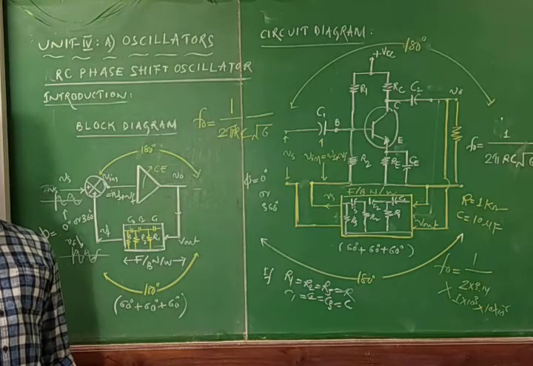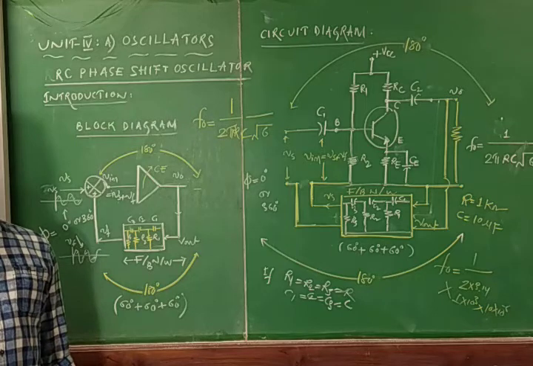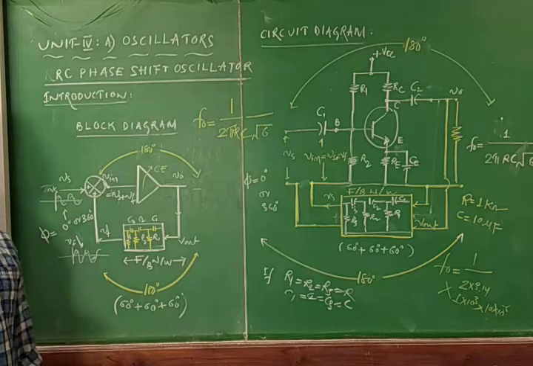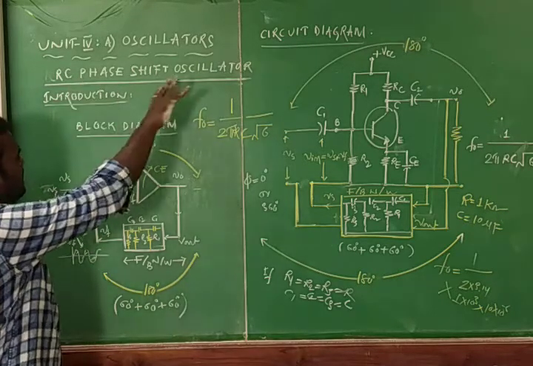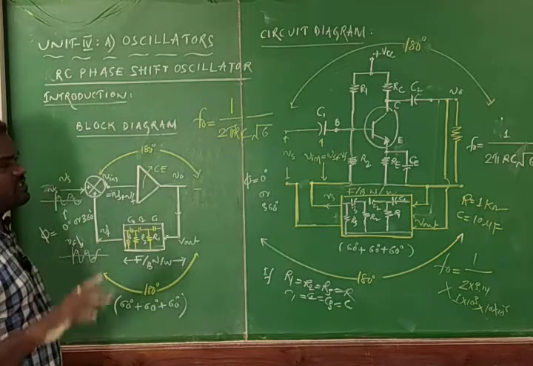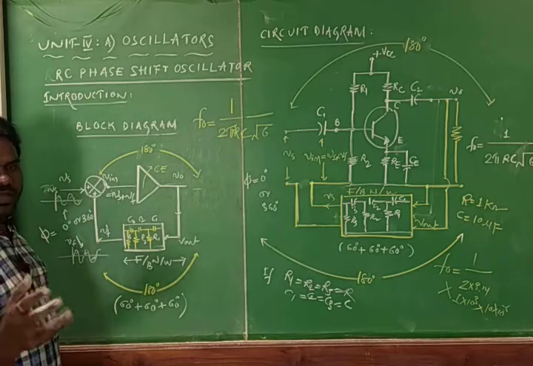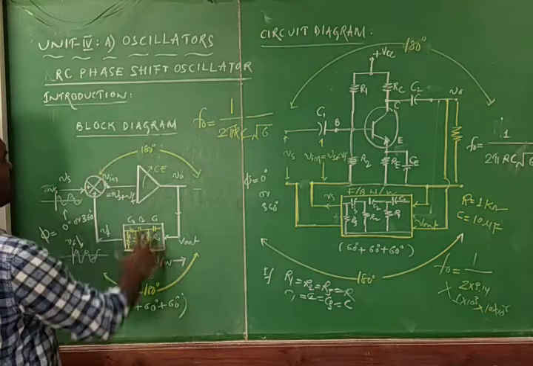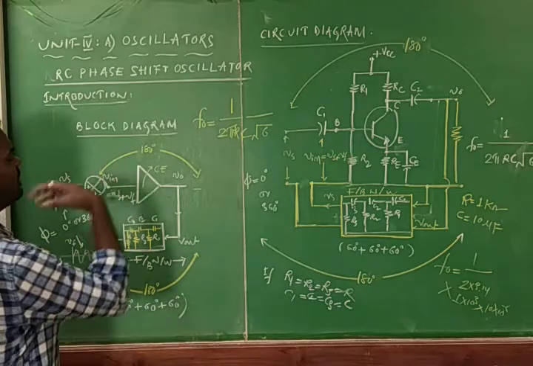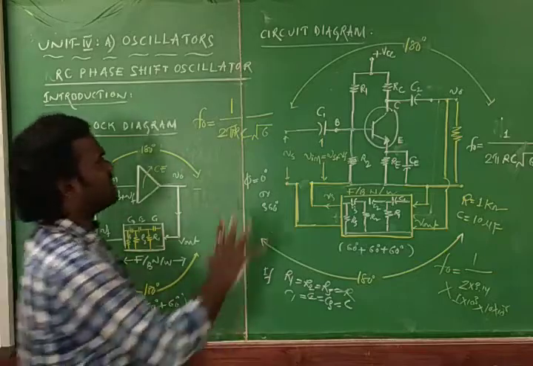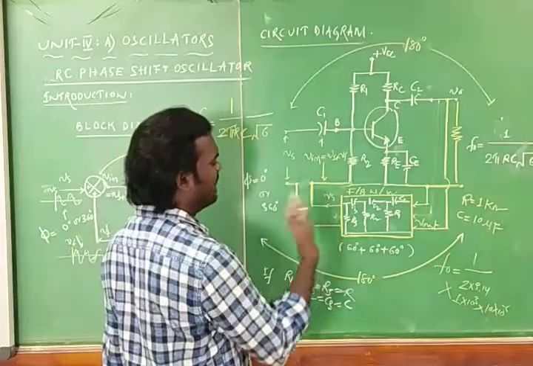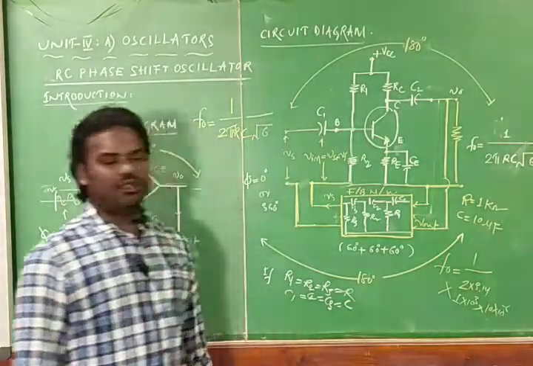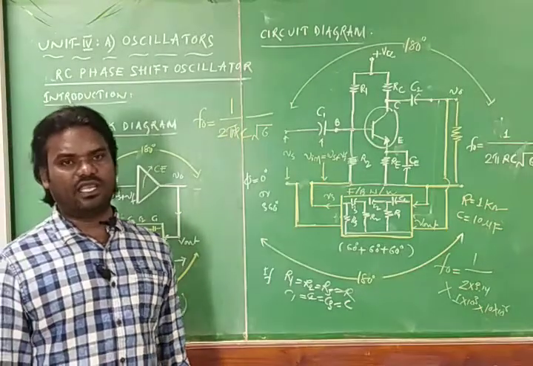In writing the answer for an oscillator circuit, first you write the introduction: why the name is RC phase shift oscillator, which feedback is employed, and what is the role of the feedback. Then you go with the block diagram, then replace it with the circuit diagram, and end the discussion with the frequency of oscillation by defining it.